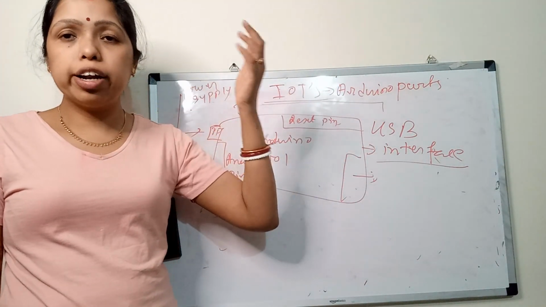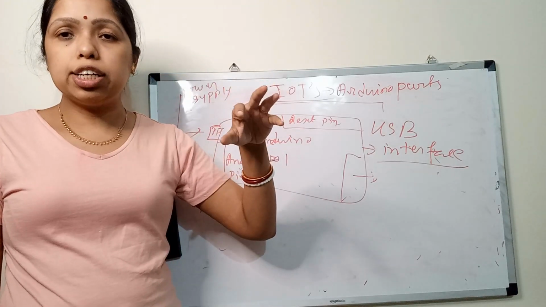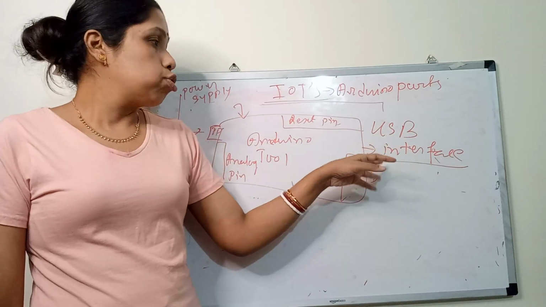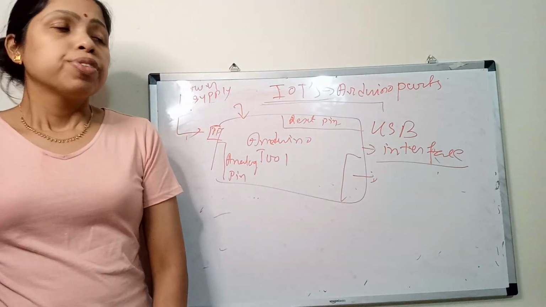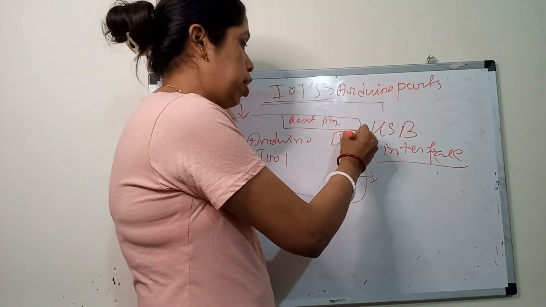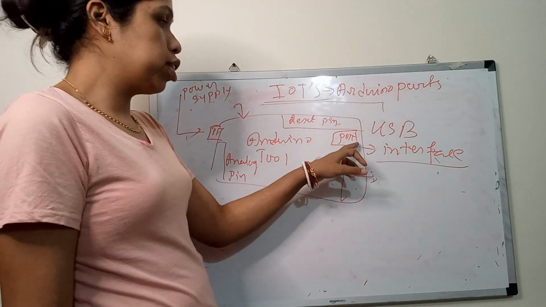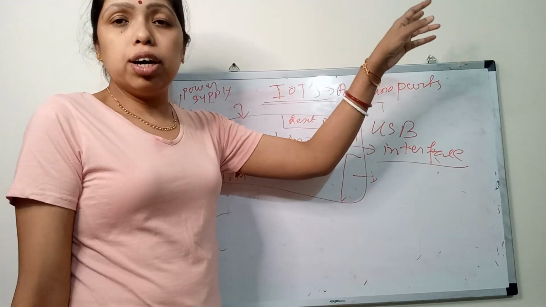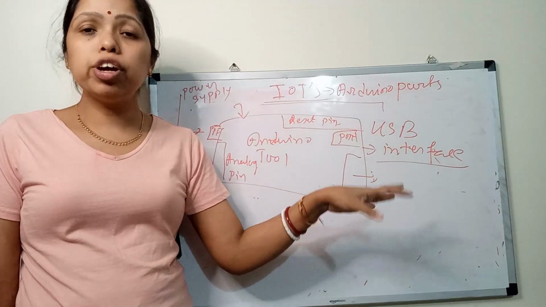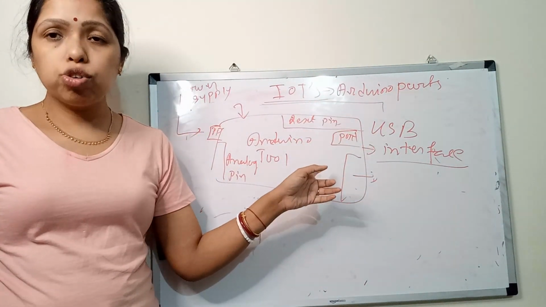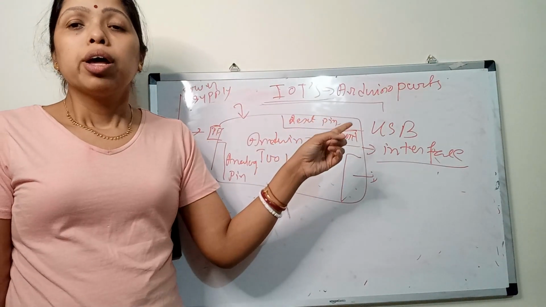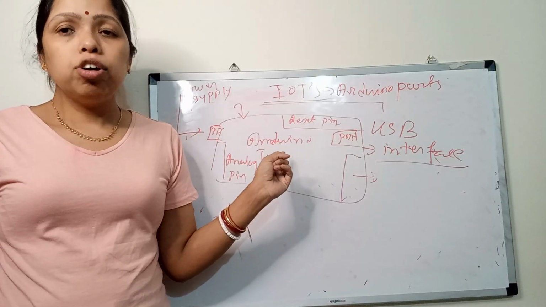If you want to control the communication between the Arduino board and the external device, you can connect the USB interface chip. There will be a USB port also, and the USB port is required to connect the computer with the Arduino tool. You need the communication between the computer and the Arduino tool, so you have to connect the USB wire through this USB port between the computer and the Arduino tool.